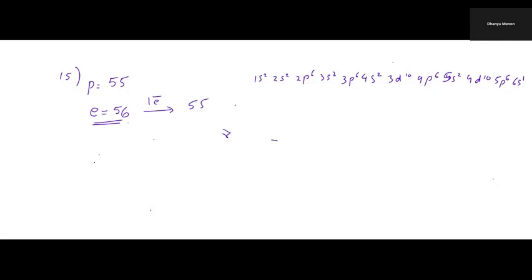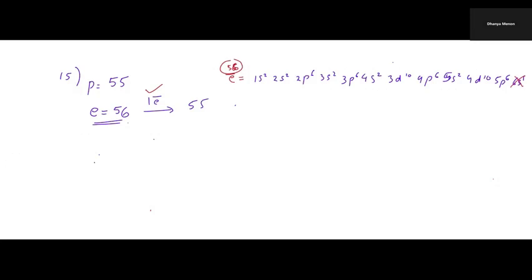This is for when the number of electrons is 56. But in this case, they have already told us it is unipositive, so one electron is removed from the s orbital. So this one is removed.